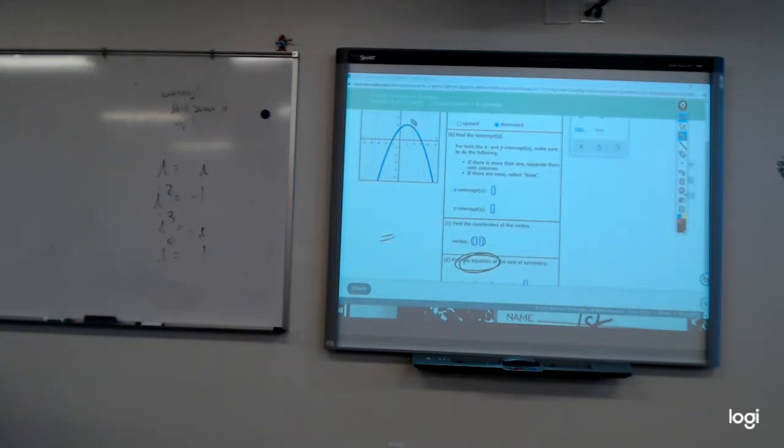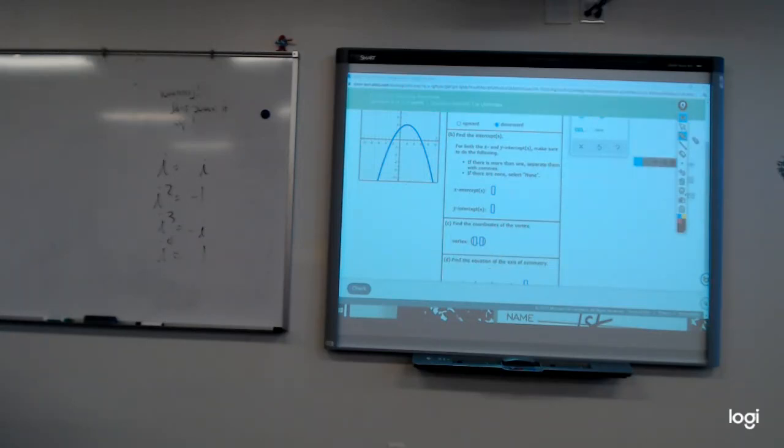The axis of symmetry is where this parabola could fold right in half. Pretend like that's a straight line. Could I fold the parabola on itself right there? Yes. What number does that go through? 1, 2. So I know I have to have an equal sign, and it's 2. And is that the x-axis? Yes. Your equation is x equals 2.